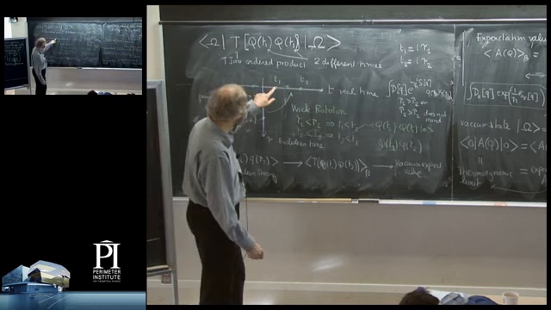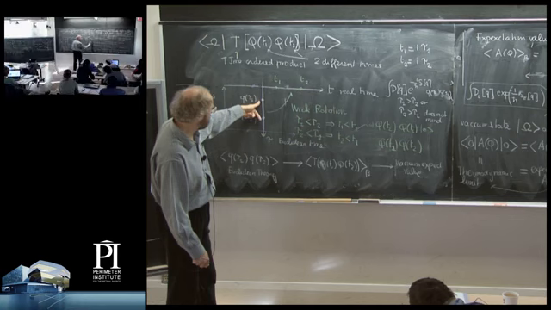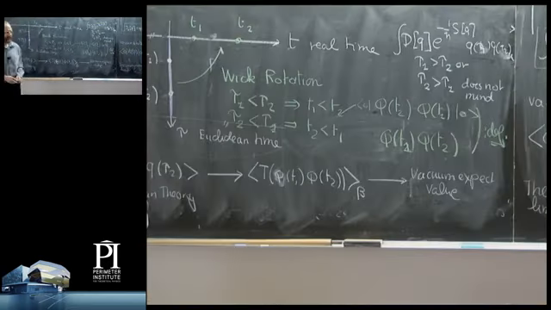Now this is t2, so first I apply Q of t2 on my state, then I let the system evolve, and then I apply Q of t1. So depending on whether tau1 is less than tau2 or tau2 is less than tau1, I obtain this product of operators or that product of operators. And this is, by definition, the time ordered product of those two operators.